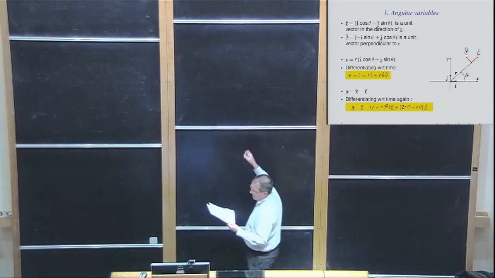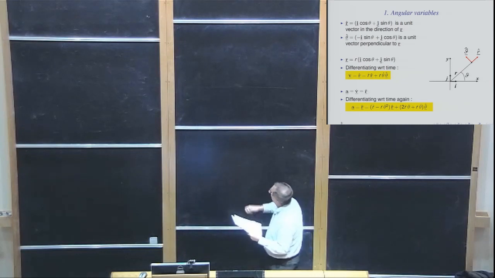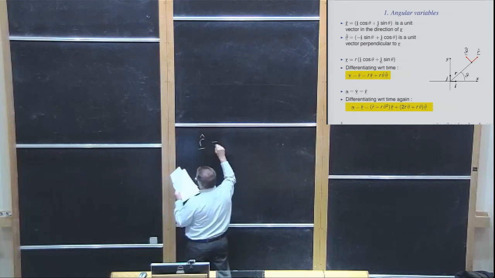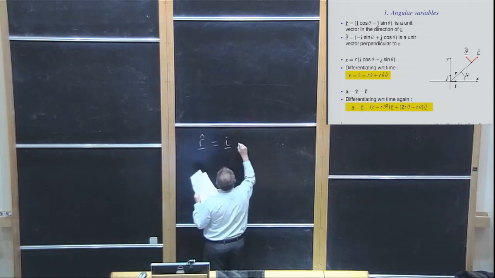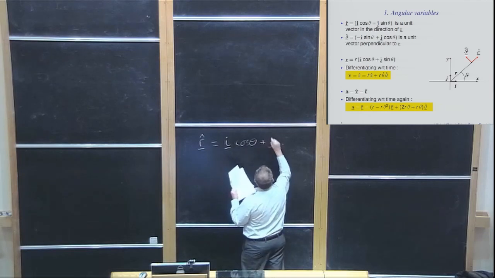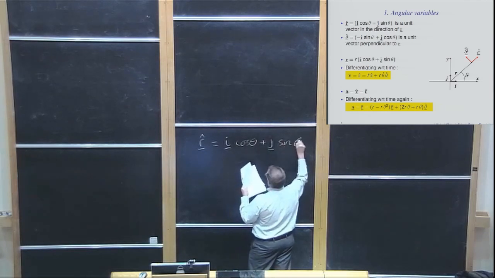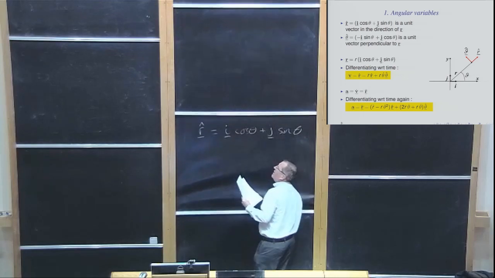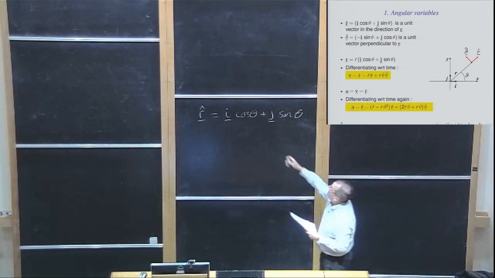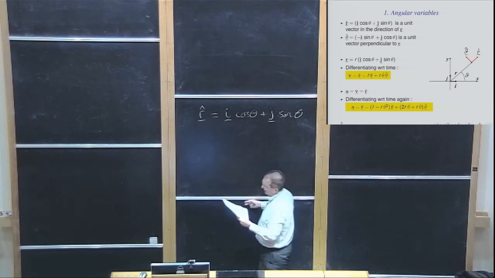So just to remind you where this comes from, if I write the position vector in terms of Cartesian, so that's i cos theta plus j sine theta, so this is the radial unit vector in terms of the Cartesian unit vectors.